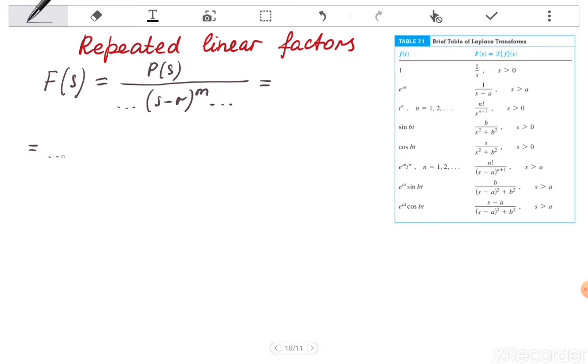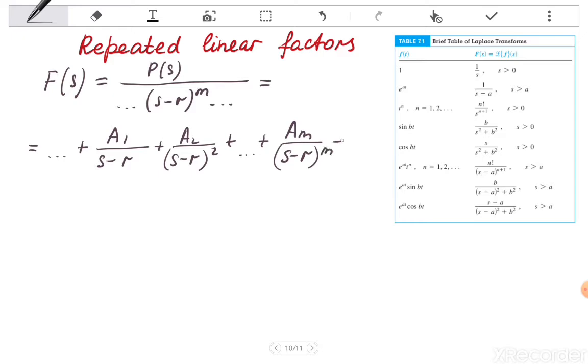The expansion corresponding to this bracket is: a1 over (s minus r) plus a2 over (s minus r) squared plus so on plus am over (s minus r) to the power m, plus maybe some other fractions.